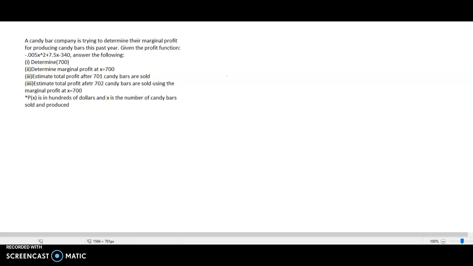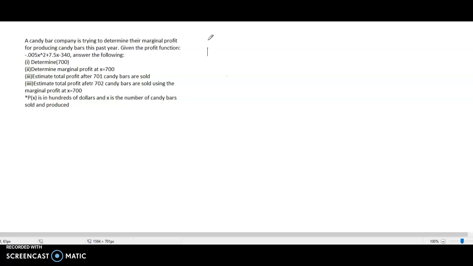Okay, so for the first question, determine P of 700. For all these questions, I'll interpret them. They want to know what the profit will be after 700 candy bars are produced and sold.